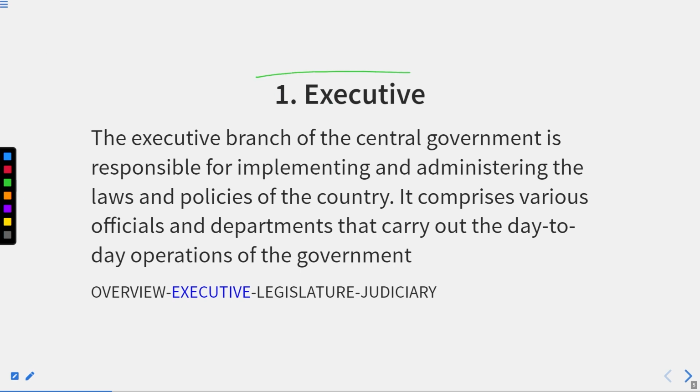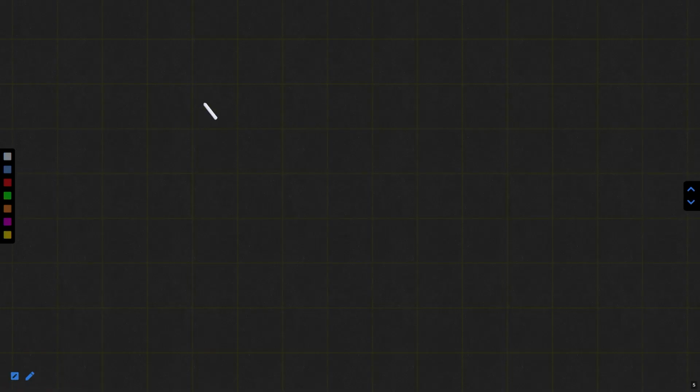First is the executive. The executive branch of the central government is responsible for implementing and administering the laws and policies of the country. First of all, what do you mean by the executive? That's the main thing. Suppose there are two people.